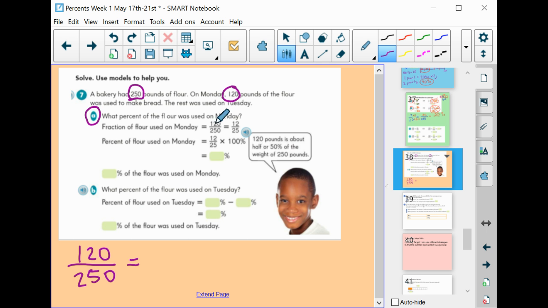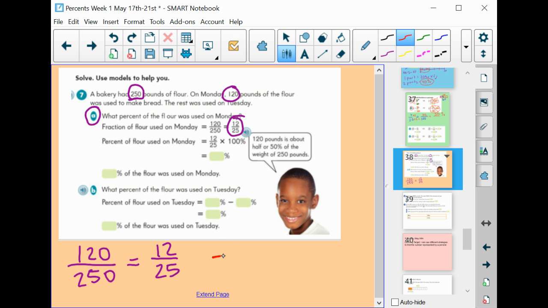Okay, so we have 120 250ths. And do you see this equivalent fraction right here? We're actually going to simplify that to 12 25ths. Okay. And now we can draw a model to help us with this. Otherwise, what I'd like you to do is this.